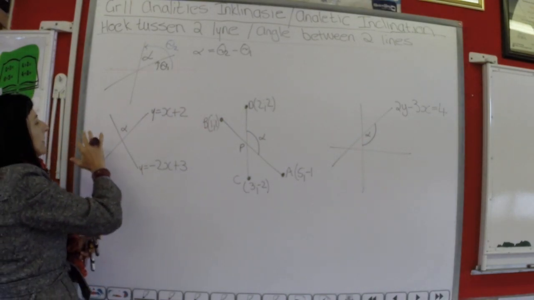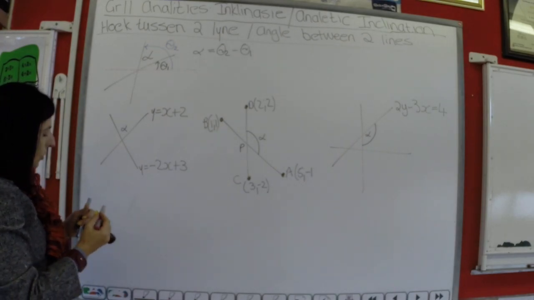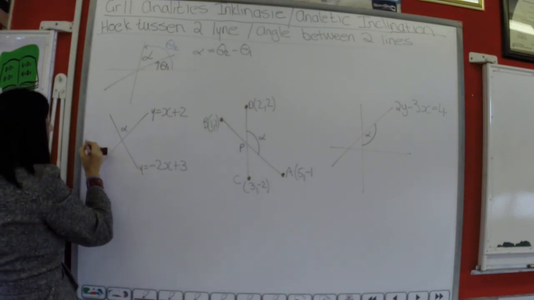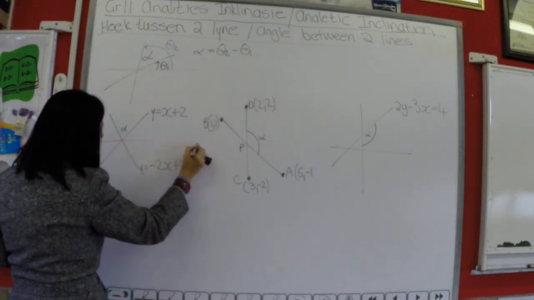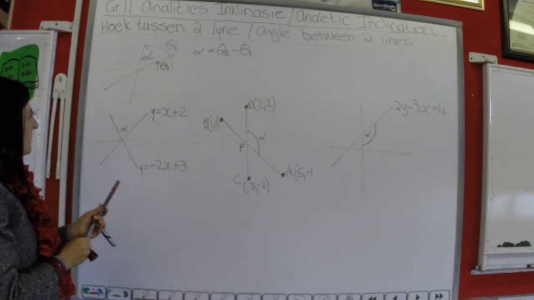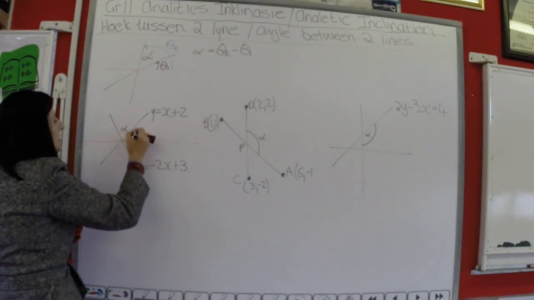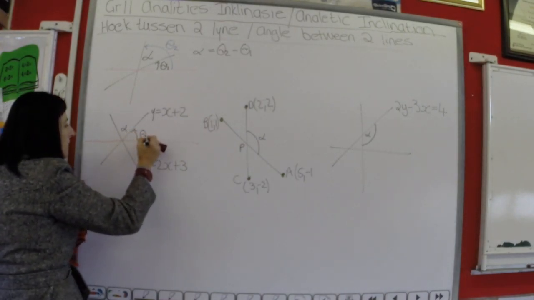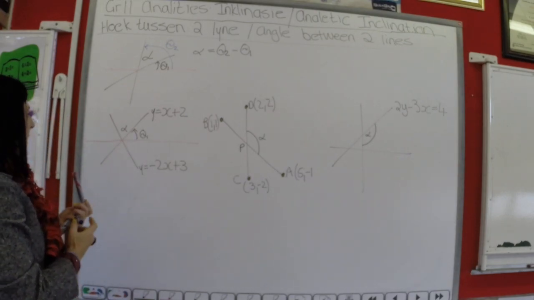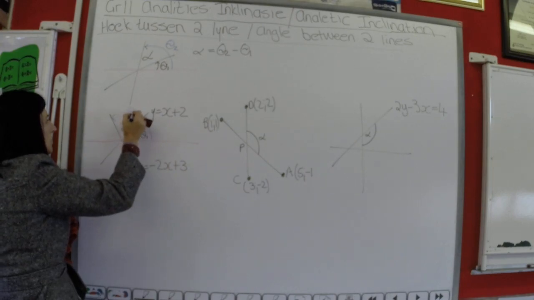So when you get an angle between two lines, what do you do? You draw in your horizontal at the point of intersection. Daarna gaan jy en jy bepaal jou twee inklinasiehoeke, theta 1 and theta 2.